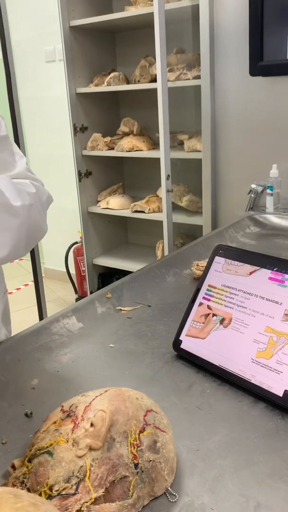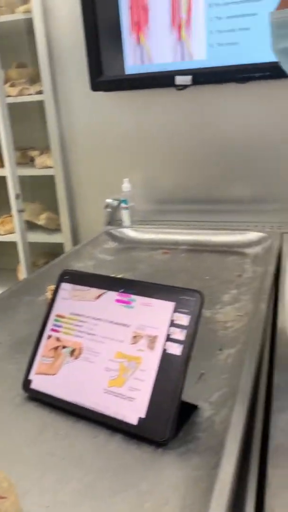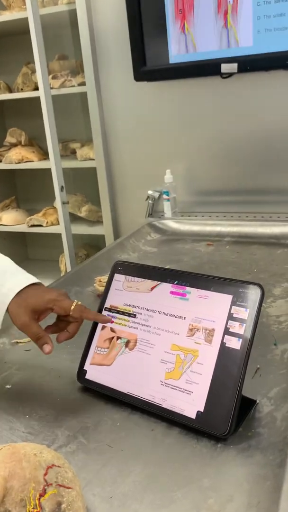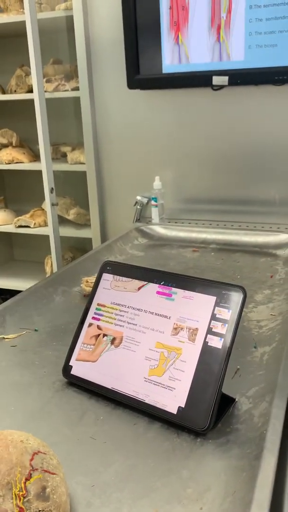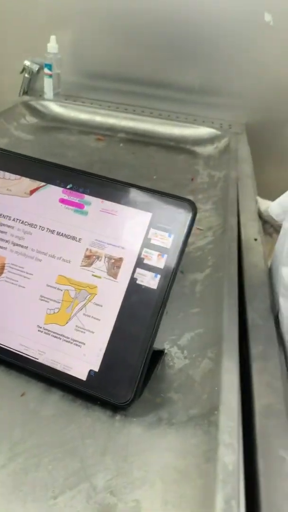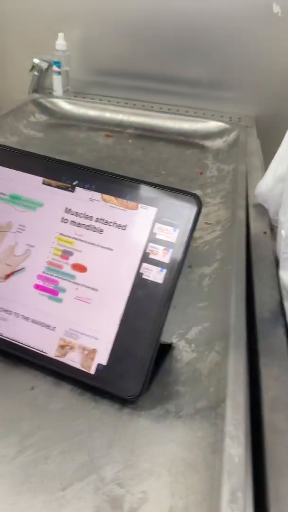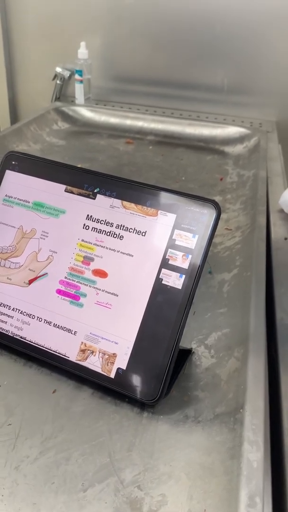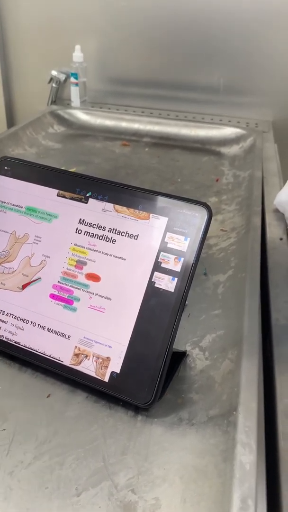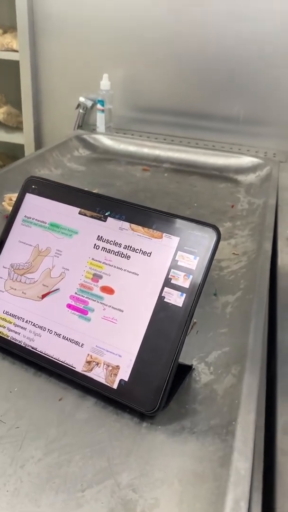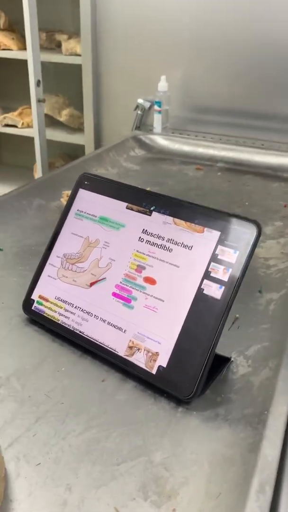Some of the topics will come in all the subjects. For example, the ligaments of the mandible, and then the muscles attached to the ramus of the mandible. These same muscles you will study in the masticatory muscles and the temporomandibular joint.